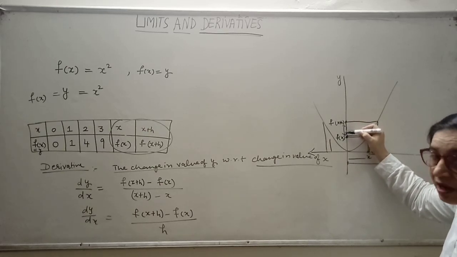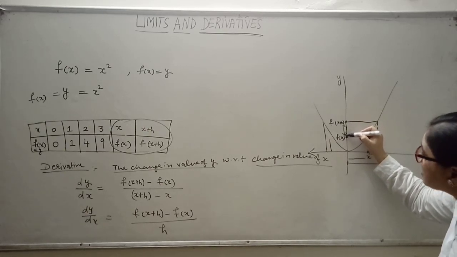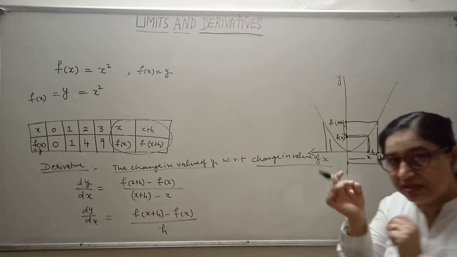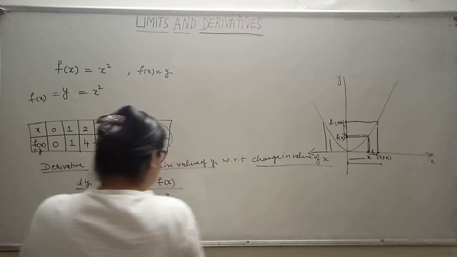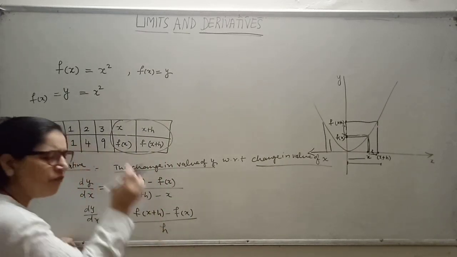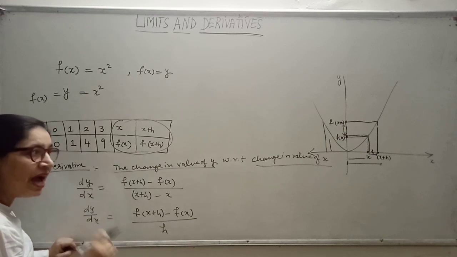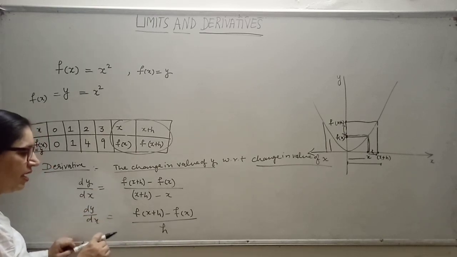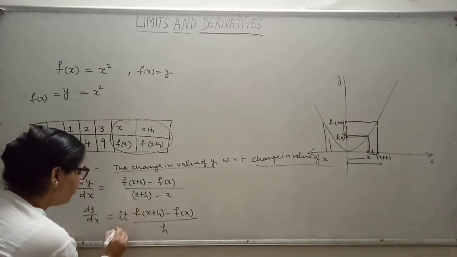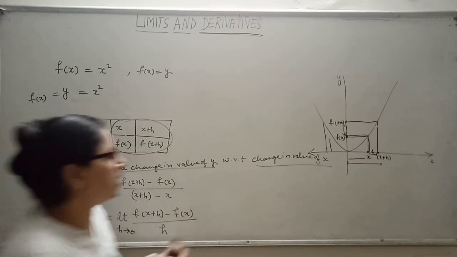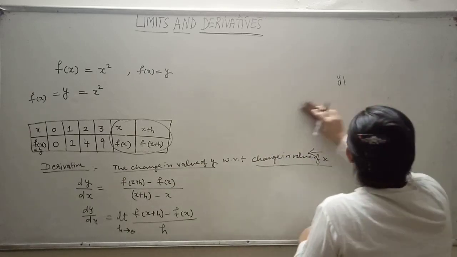So there is a change, but if this change becomes very small, in that case this is called derivative. Let me explain with the help of one example to find out the instantaneous speed.